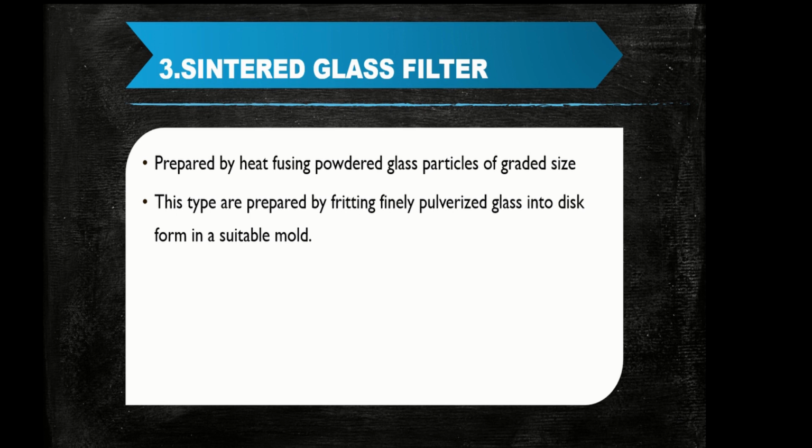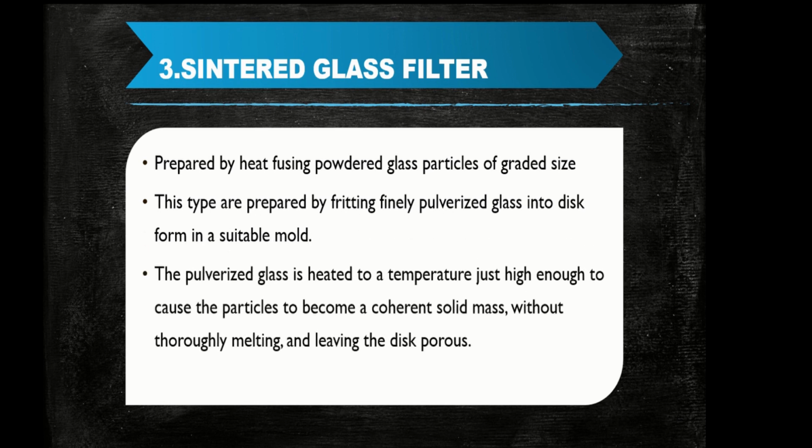So you take the fine glass powder, it is heated and prepared in the form of a disc. The pulverized glass is heated to a temperature just high enough to cause the particles to become a coherent solid mass without thoroughly melting, leaving the disc porous. So just below the melting point, they adhere to each other and form a porous disc.